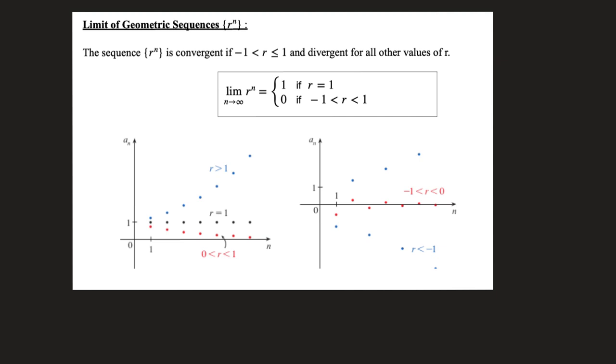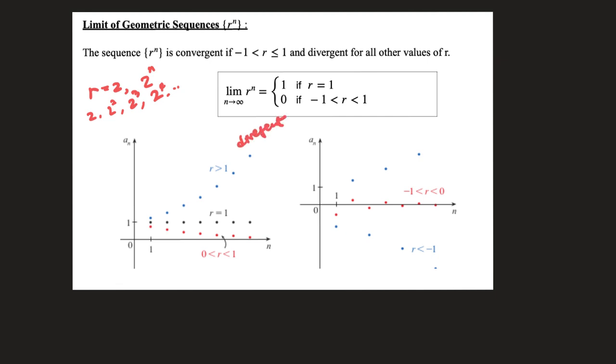Let's say R is 2. So the geometric sequence is going to be 2 to the n, where n indexes each term. What happens to each term? First term is 2, second term is 2 squared, third term is 2 cubed, fourth term is 2 to the fourth. It's going to be increasing. So when R is greater than 1, it's going to infinity. Guys, make sense? This is divergent.